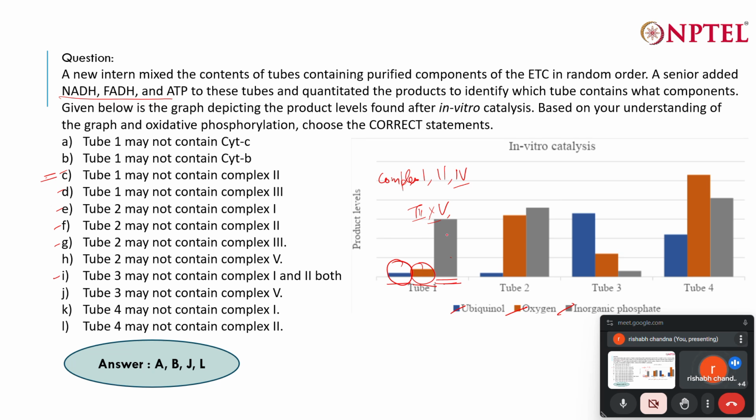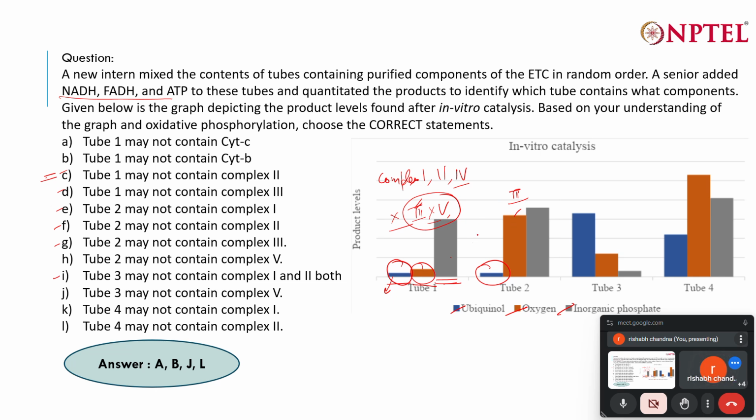Okay, then we have ubiquinol, which is actually the reduced form. If ubiquinol is present, that means complex 3 might not be active. So these two complexes might not be present in tube 1. Then tube 2, we have low levels of ubiquinol, that means complex 3 is not present here, but high levels of oxygen.